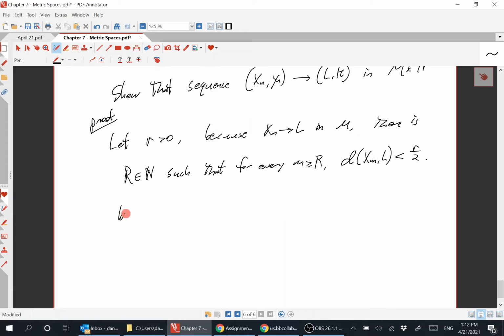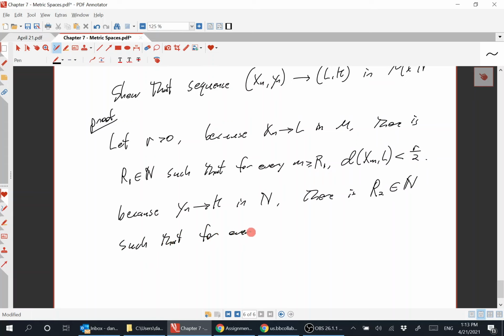And then because yn converges to K in N, there is R2 in the natural numbers such that for every m bigger than or equal to R2, the distance from ym to K is less than r over 2 again.